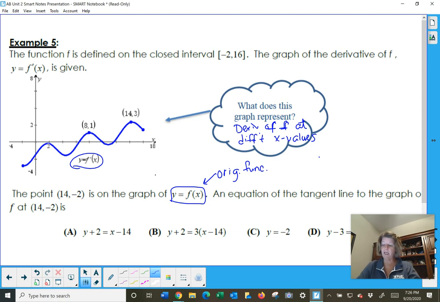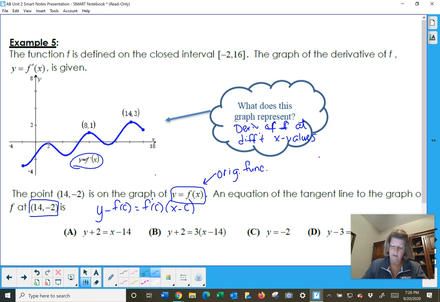An equation of the tangent line to the graph of f at 14, -2 is, well, I'm going to think of this y minus f of c equals f prime of c times x minus c formula. And let's plug in things we know. So I know y minus -2 equals, I'll figure out the slope in a moment, x minus 14, because this would be c comma f of c, a point on the original function.